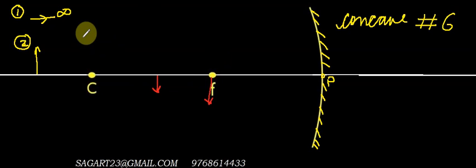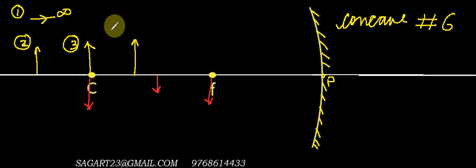Then we drew the third diagram where the object was placed at C, and we realized that the image was also formed at C, of the same size as the object. The fourth diagram, when the object was placed between C and F, we saw that we got an image which was bigger than the object and that was beyond C.